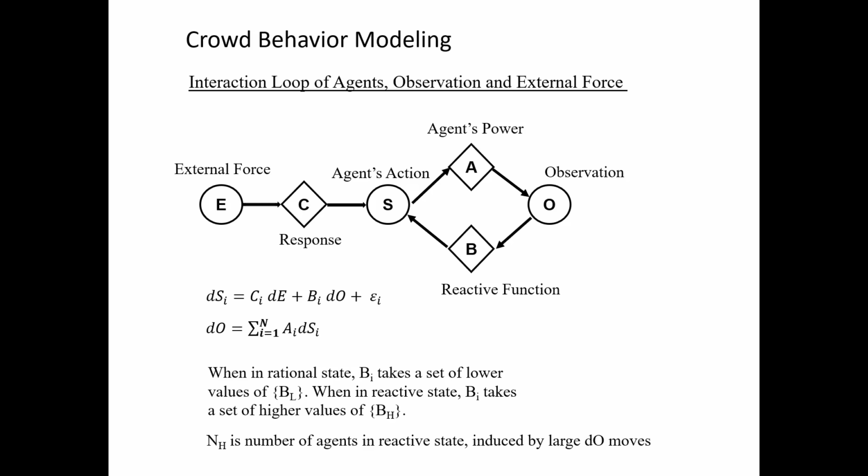As you can see, the change of the observation is the agent's action times the power they have, which is A. Then the change of the agent's action, dS, is influenced by an external force as well as the feedback loop of the observation, plus some random noise. That's the basic framework of crowd modeling.